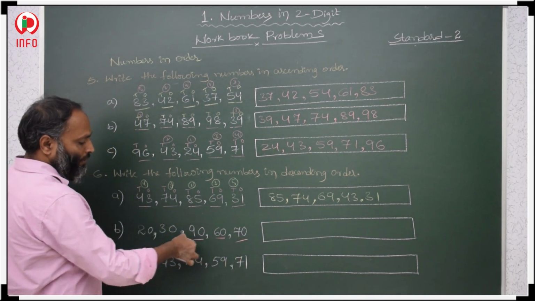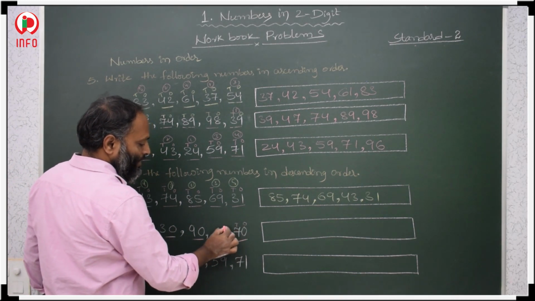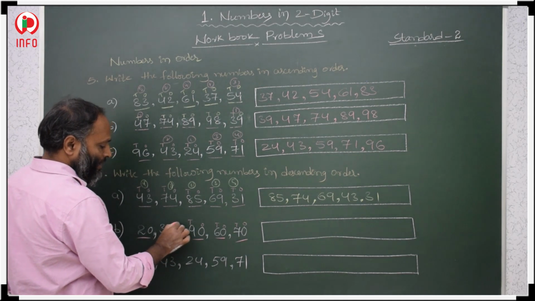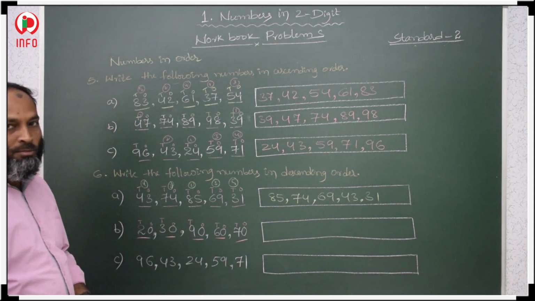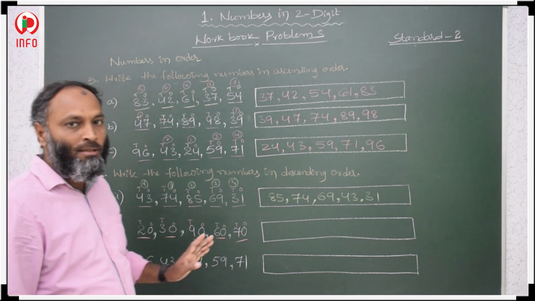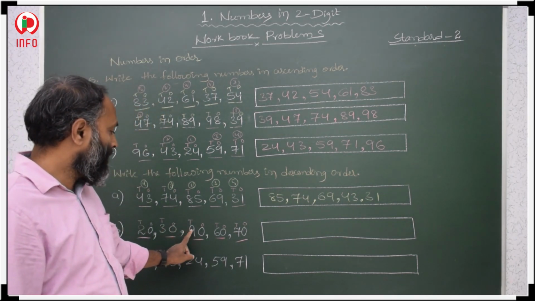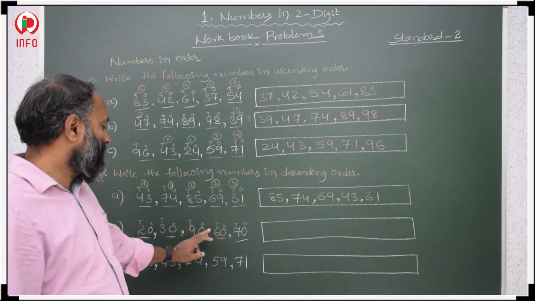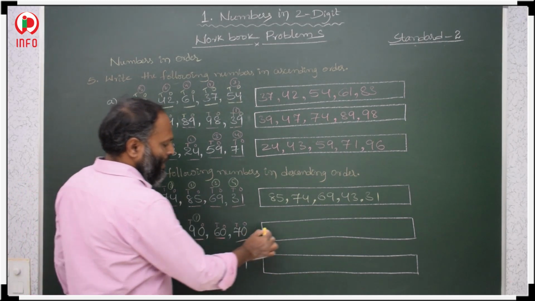So how many numbers are given? 1, 2, 3, 4, 5, with ones place and tens place. Now start comparison from tens place: 2, 3, 9, 6, 7. 9 is the bigger, this is in first place, 90.